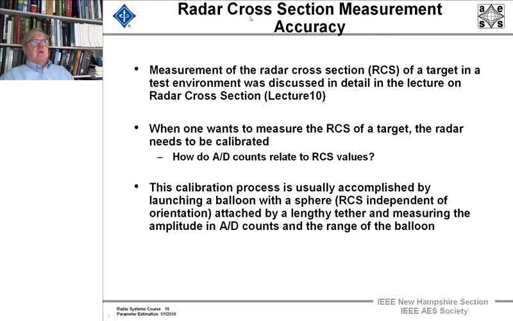That's how radar cross-sections are accurately measured off of test ranges. This is an operational method, and the methods discussed in lecture 10 are ones that would be used the first time you want to know what the cross-section of the object is.